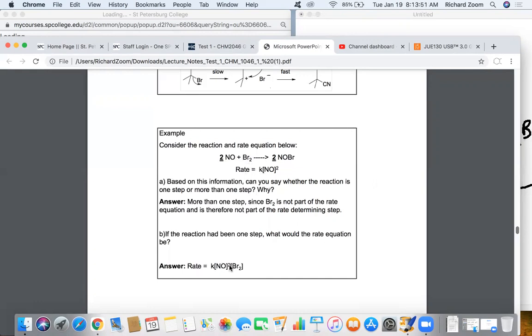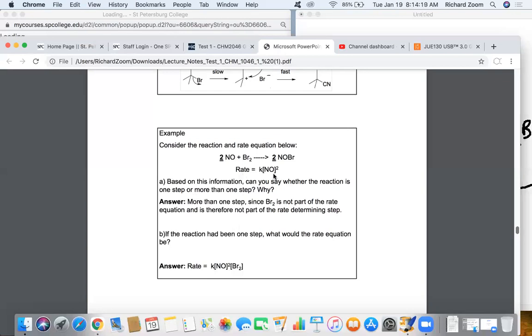So the rate equation, if it was one step, would simply involve everything that we see here. You'll notice that the NO is to the power of 2 because of the 2 in the coefficient. So rate equals k[NO]^2[Br2]. That's what it would be if it was one step. But that isn't the rate equation. The rate equation is this, which means it must be more than one step.